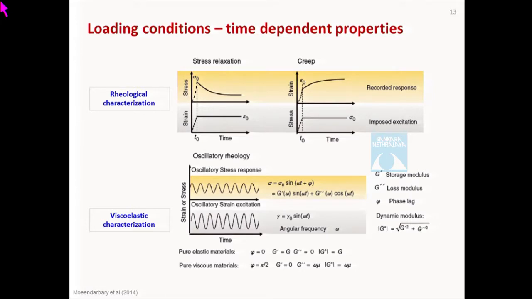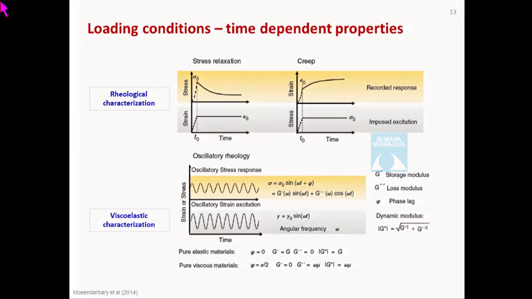Okay. So in elastic materials, the loss modulus is 0. Okay. So the storage modulus exists, and the total dynamic modulus is nothing but the storage modulus. But in viscoelastic liquids, your stress would lag strain by phi equal to pi by 2. Okay. So there will be a 90-degree phase lag for stress against strain.